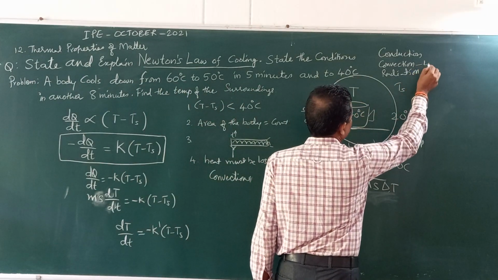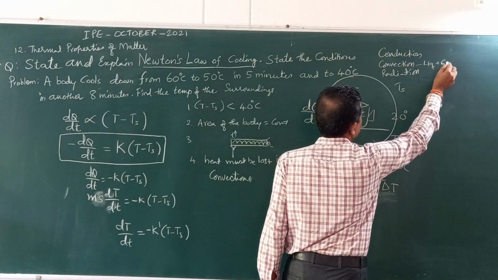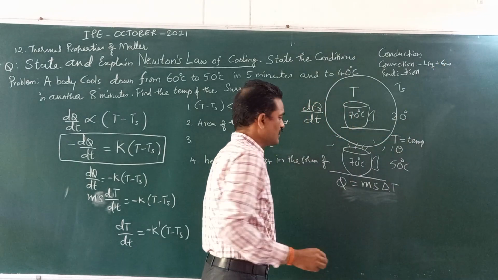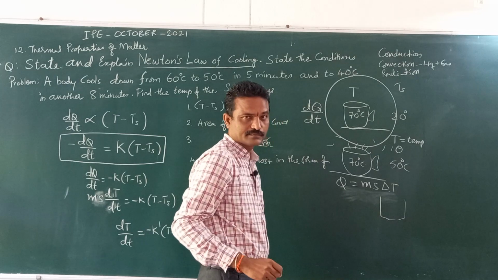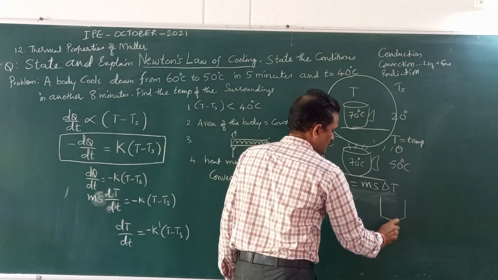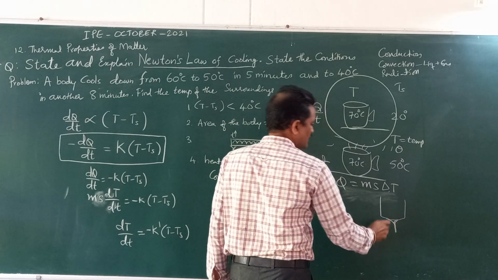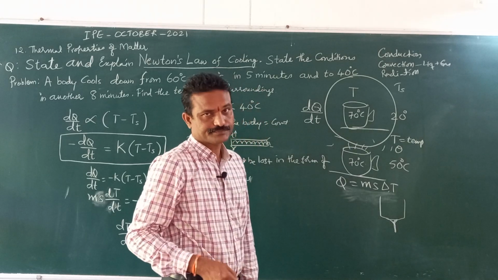Convection occurs in liquids and gases. In liquids or gases, you take a vessel of water, you heat the vessel and boil the water. What happens?